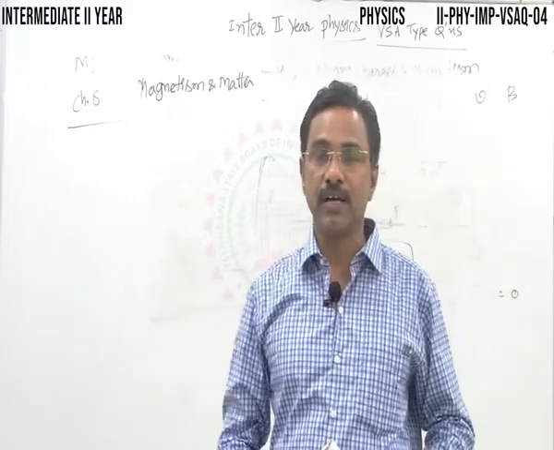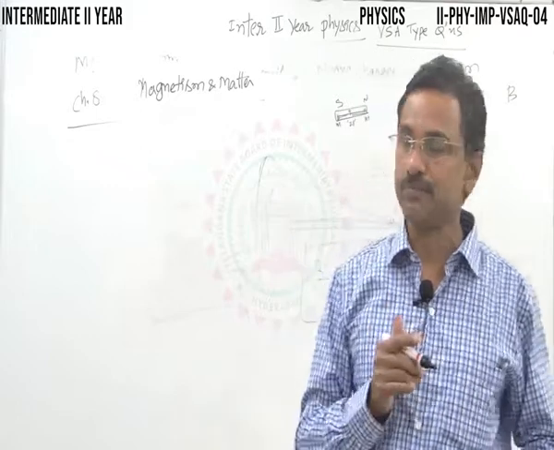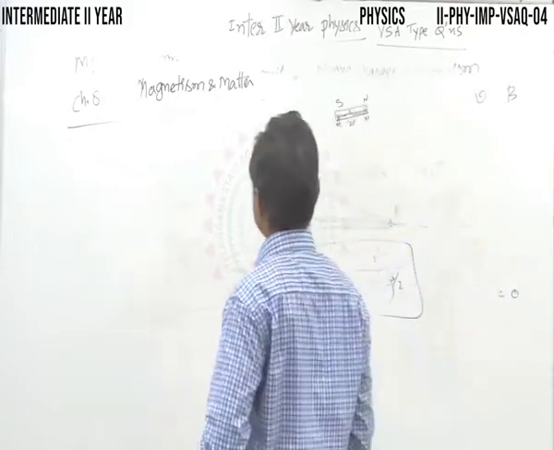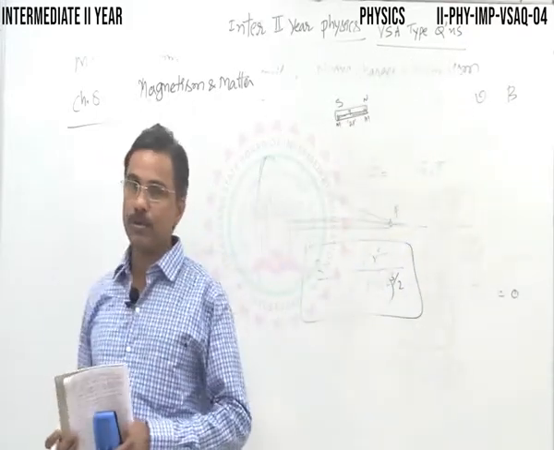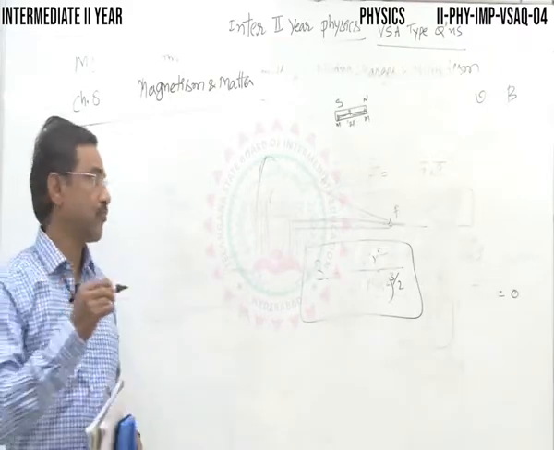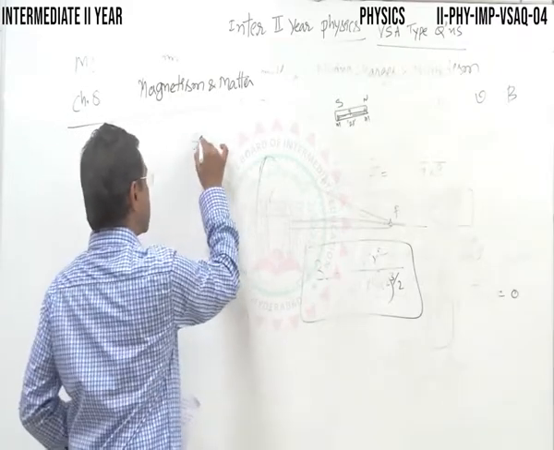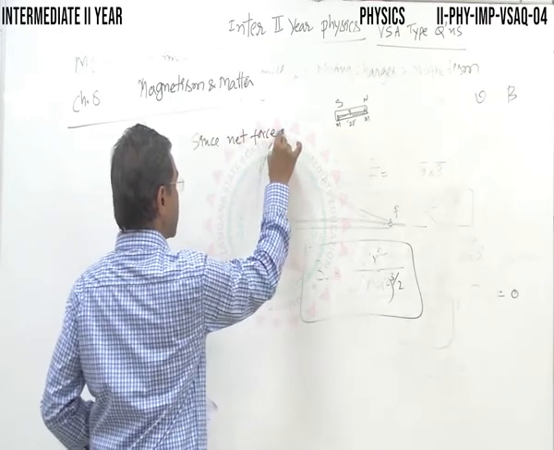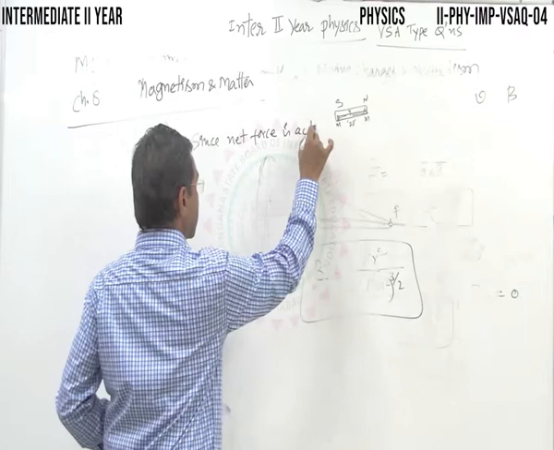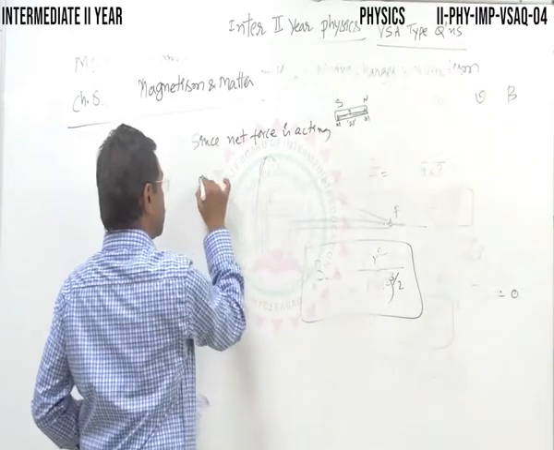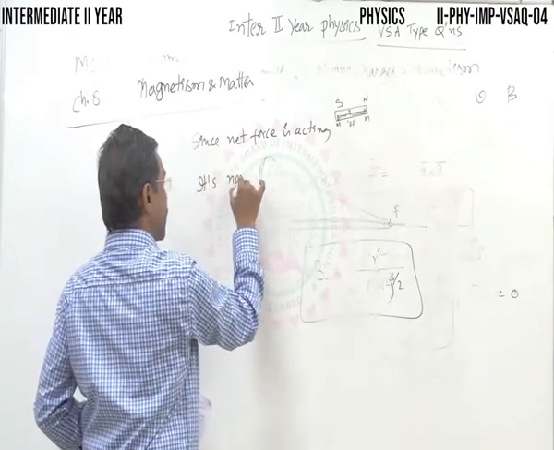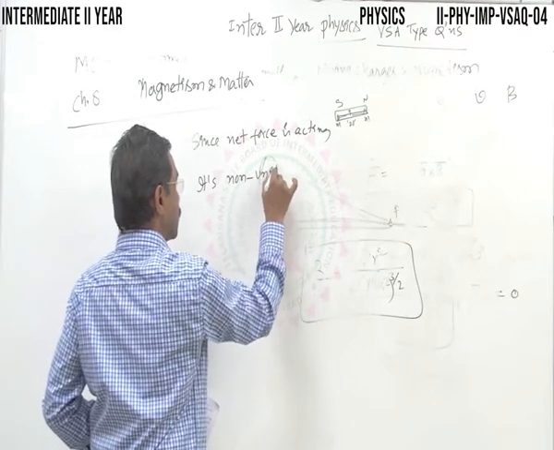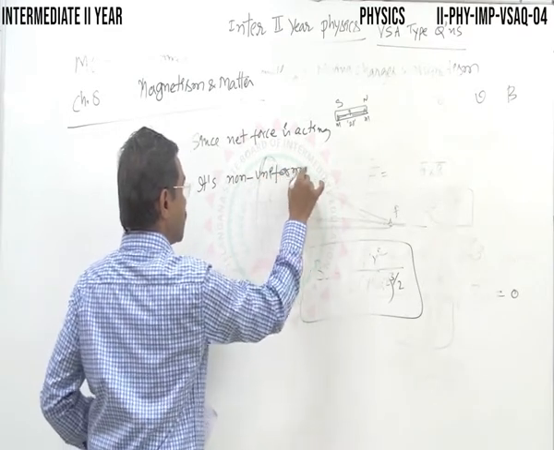Why? Because a net force is exerted on the magnetic dipole. Therefore, it is a non-uniform magnetic field.